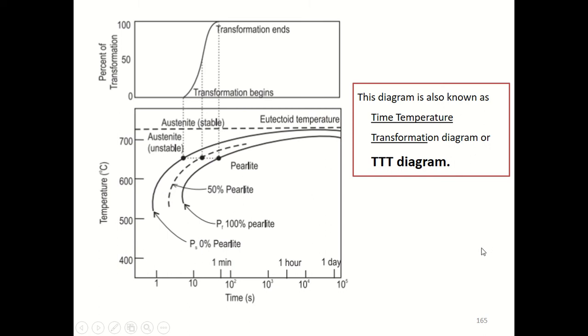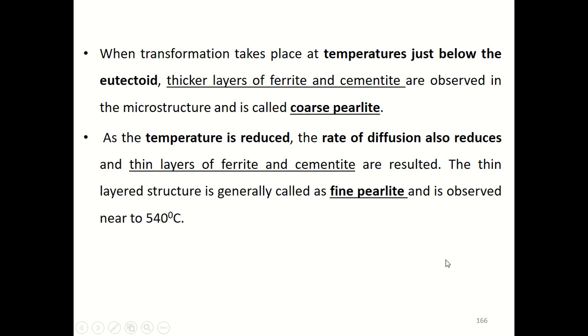And again, a few other pieces of information I can share with you. When the transformation takes place at a temperature just below the eutectoid, you will get coarse pearlite, which means thicker layers of ferrite and cementite are observed in the microstructure. As the temperature is reduced, the rate of diffusion also reduces, and then you will get fine pearlite, that is thin layers of ferrite and cementite.